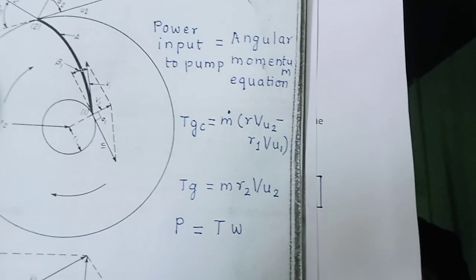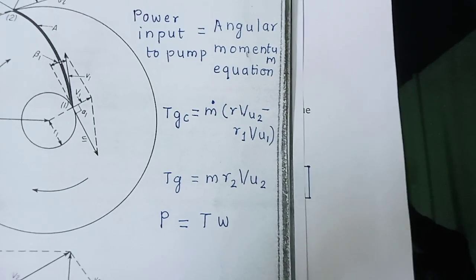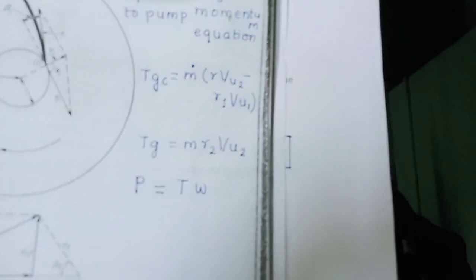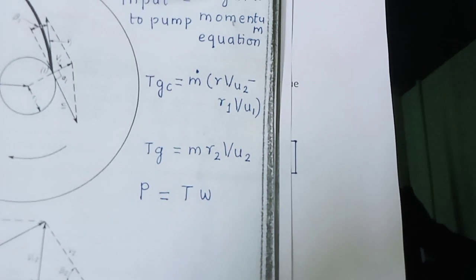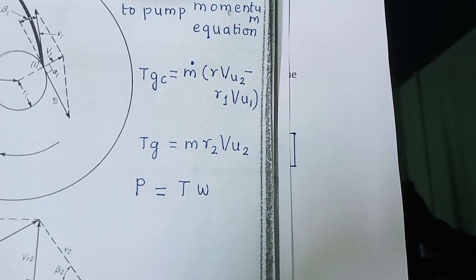Now the power input to the pump is given by the angular momentum equation. So tau Gc is equal to mass flow rate into (R2VU2 minus R1VU1).